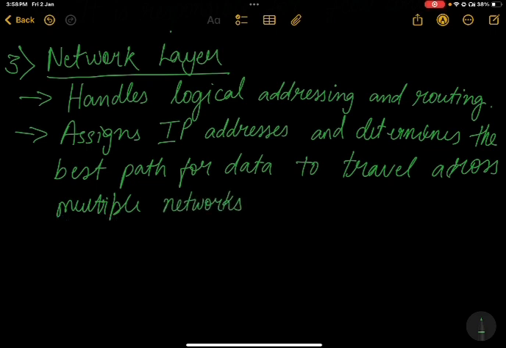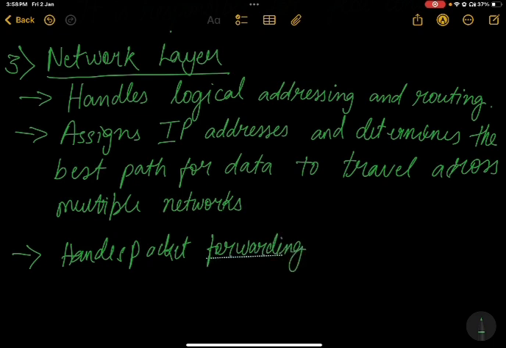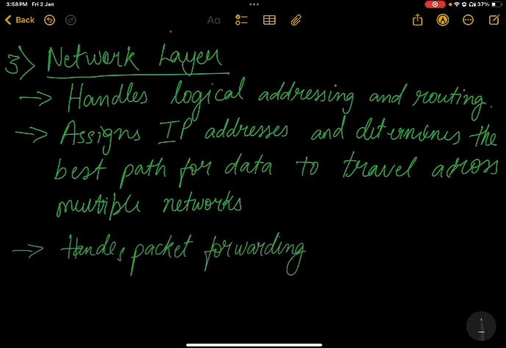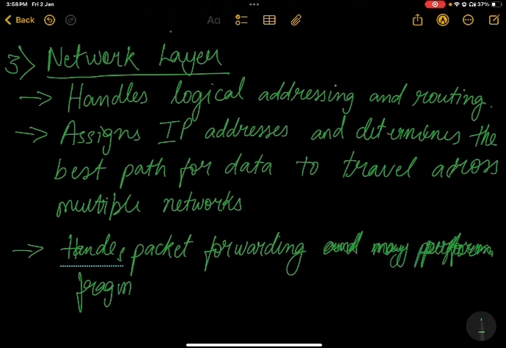If data needs to pass through several routers to reach its destination, the network layer decides the route. It also handles packet forwarding and may perform fragmentation if packets are too large.